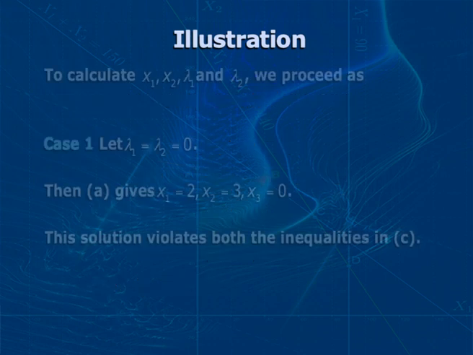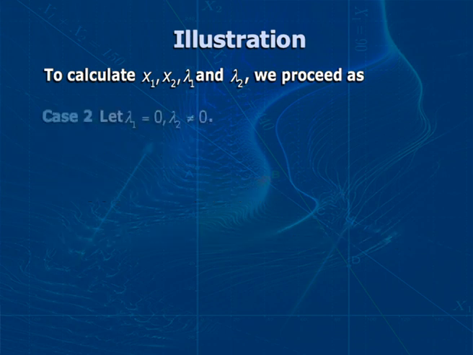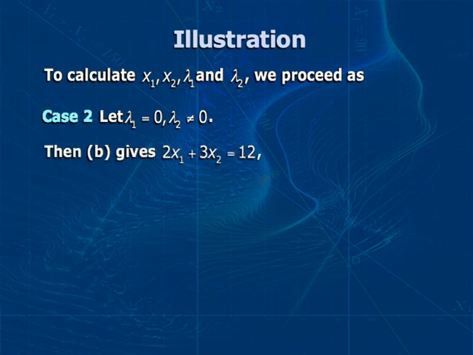D, lambda 1 greater than or equal to 0 and lambda 2 greater than or equal to 0. Case 1. Let lambda 1 equal to lambda 2 equal to 0, then A gives x1 is equal to 2, x2 is equal to 3, x3 is equal to 0. This solution violates both the inequalities in C. Case 2. Let lambda 1 equal to 0, lambda 2 not equal to 0, then B gives 2x1 plus 3x2 is equal to 12.